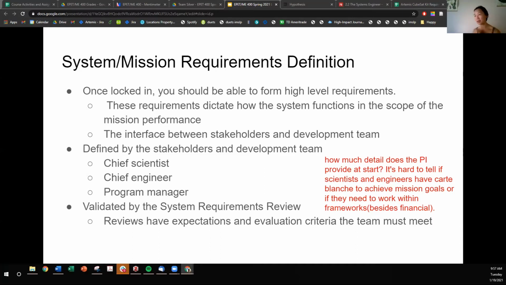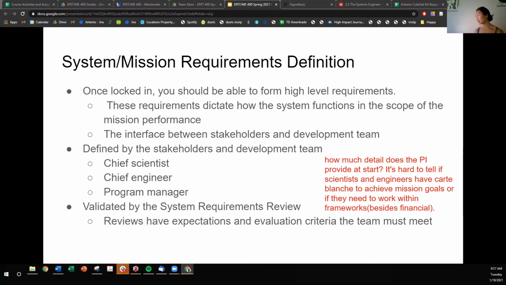So the chief scientist is most interested about the payload being represented. The chief engineer is most interested in the engineers having a feasible design. And the program manager is most interested about cost and schedule. So you can see how some of those can be at odds with each other at times. So these leaders need to constantly be in tension to make sure that there's compromise happening.